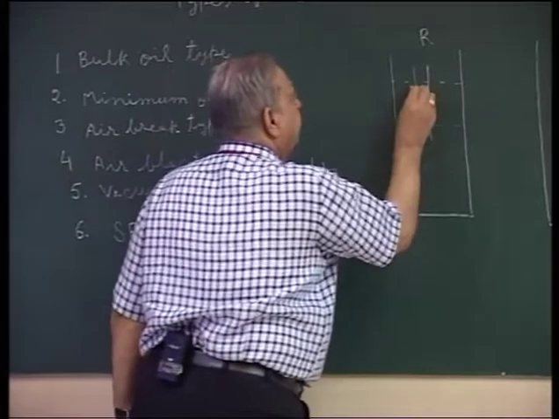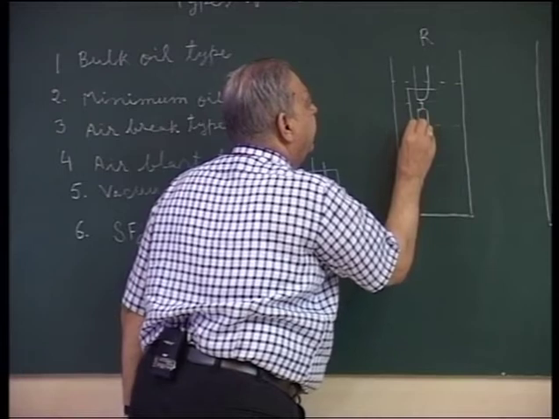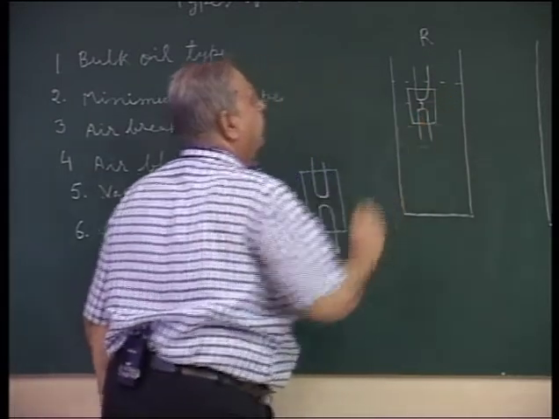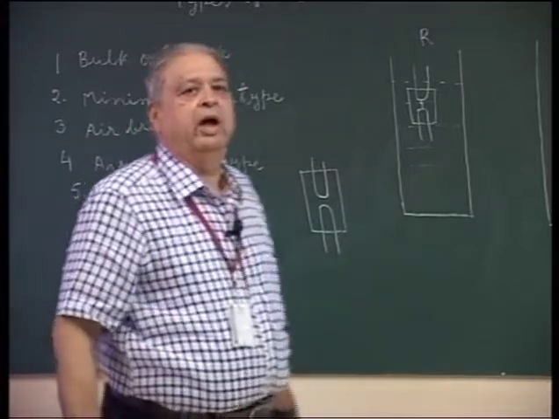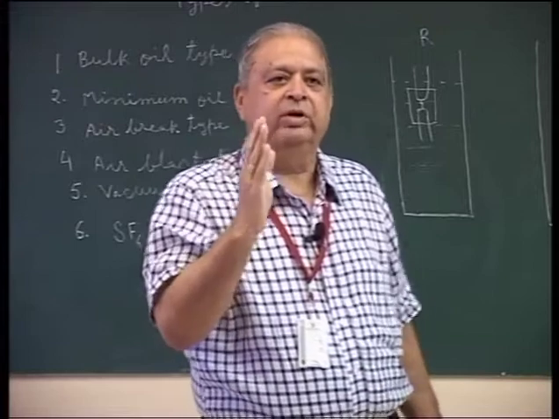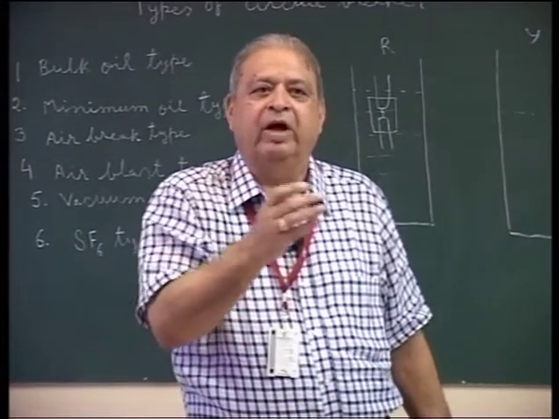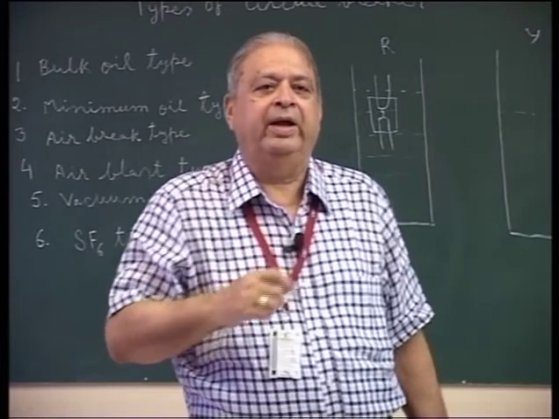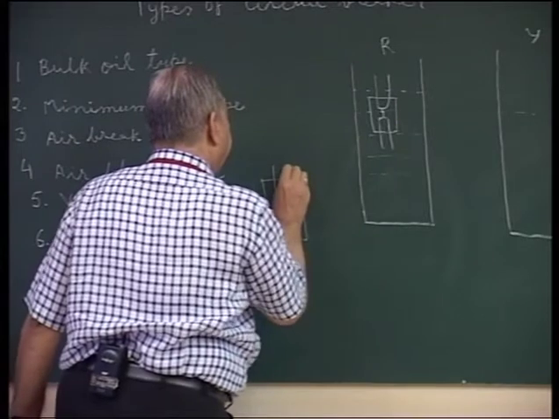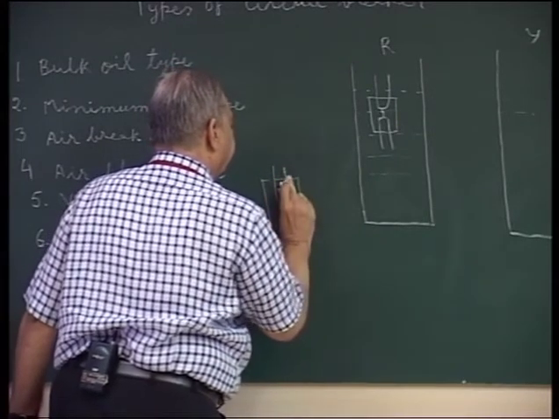So arc chute is a small cylinder kept around the arc, and there are windows cut on the periphery of the arc chutes, and also the distance here, it is not a tight fit, it is a loose fit.